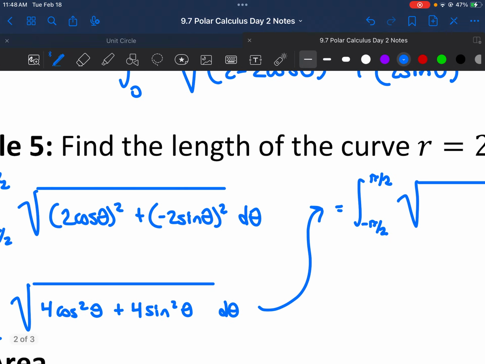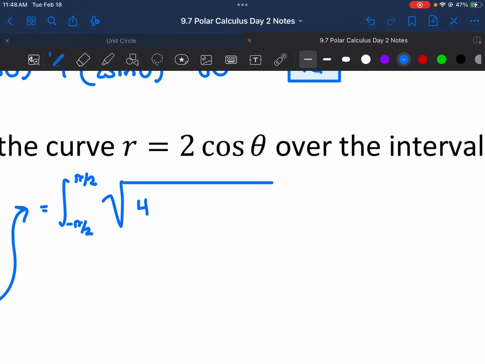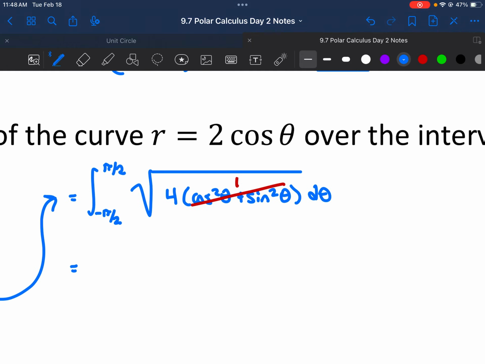Let's factor out the 4. Cosine squared plus sine squared is equal to 1. Square root of 4 is equal to 2.